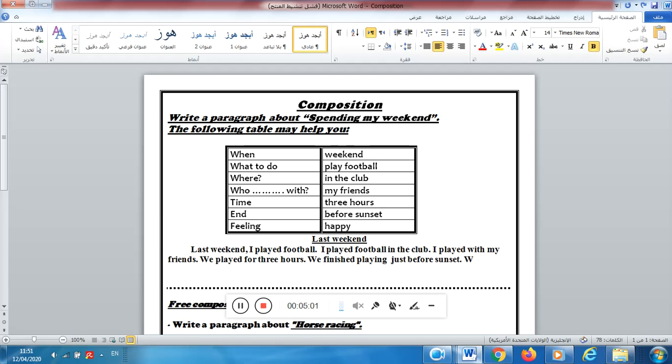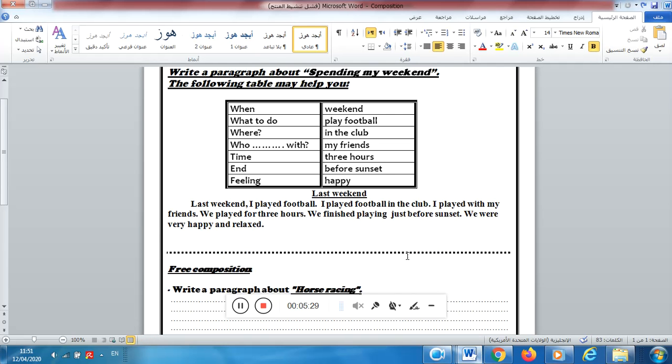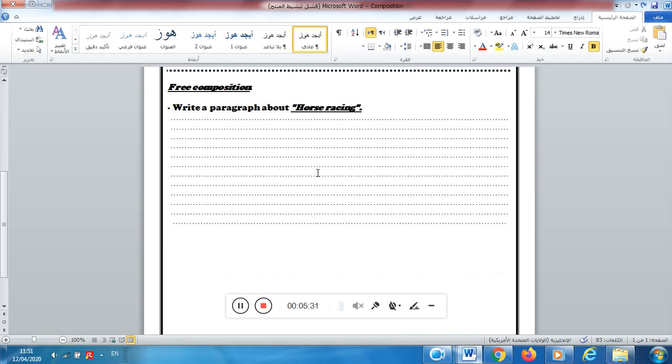We were very happy and relaxed. Don't you think it's very easy? Yes, it is. Language is flexible. You can express yourself in different ways as long as you write sound sentences. Let's move to another exercise.